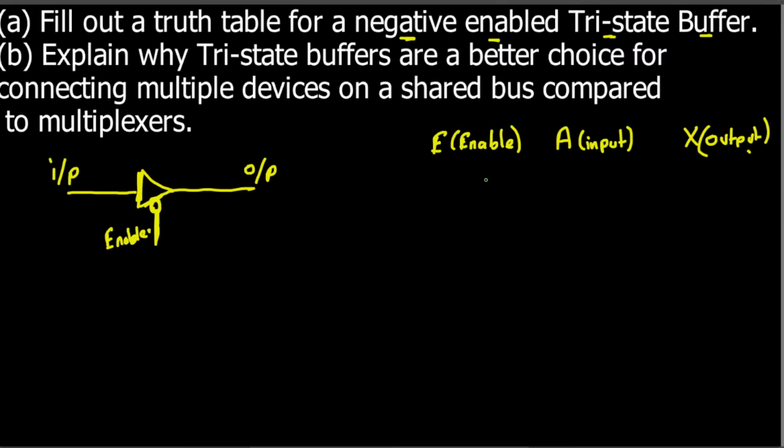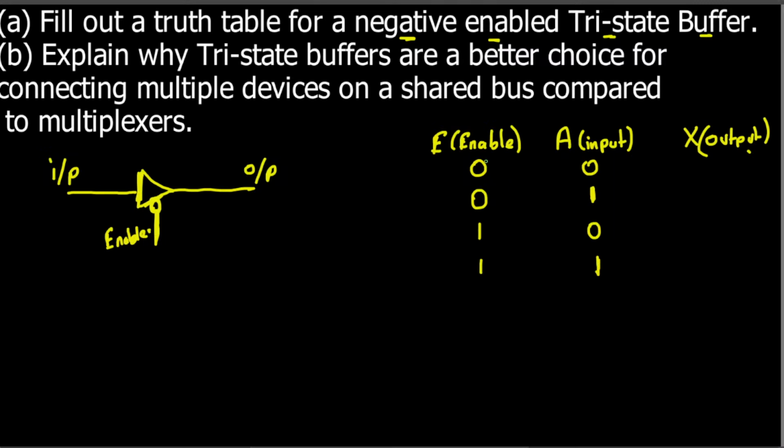Okay, so let's look at the situation when the enable is 0. When we have two inputs, there are four possibilities. When E is 0, A can be either 0 or 1, and when E is 1, A can be either 0 or 1 as well.